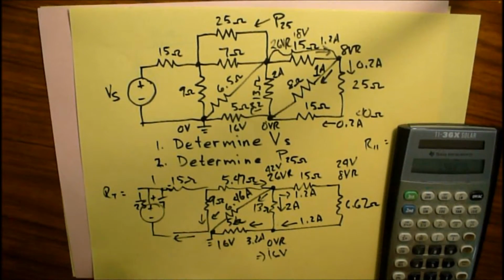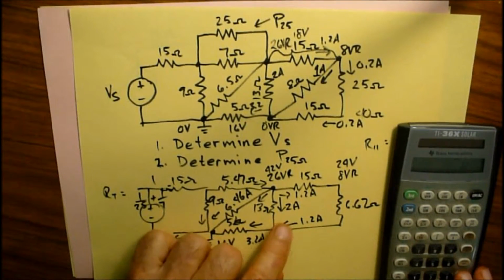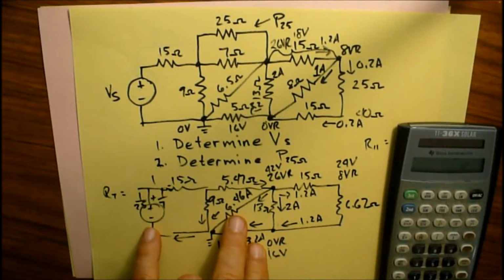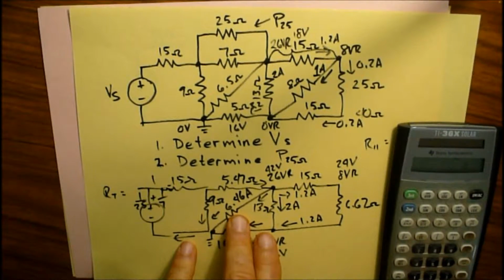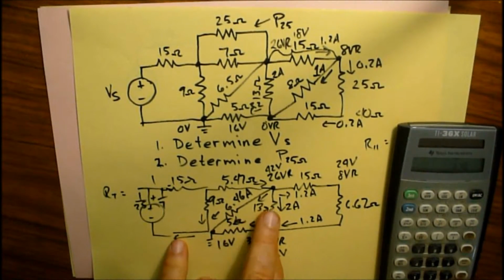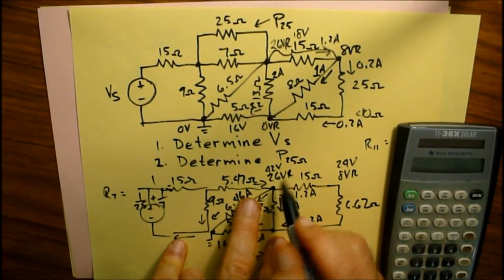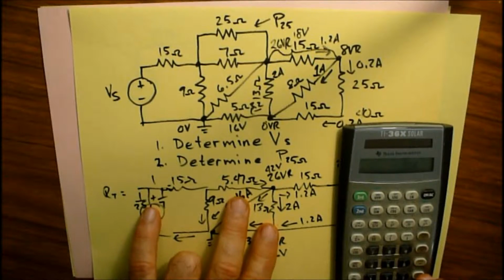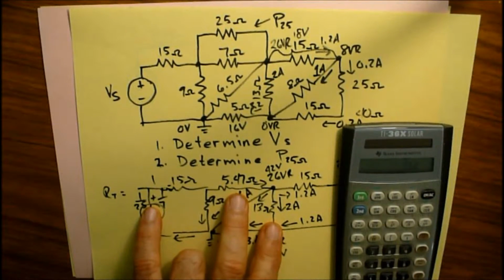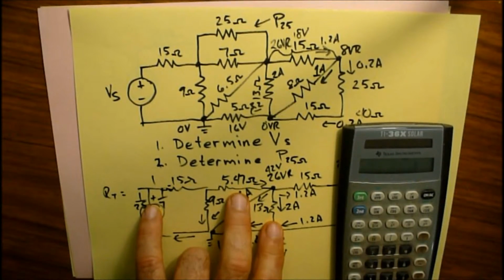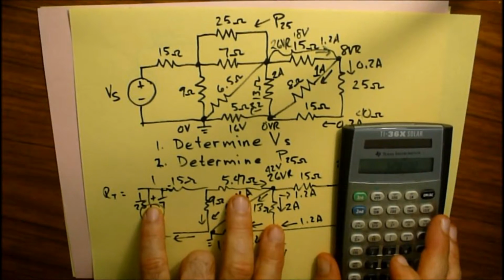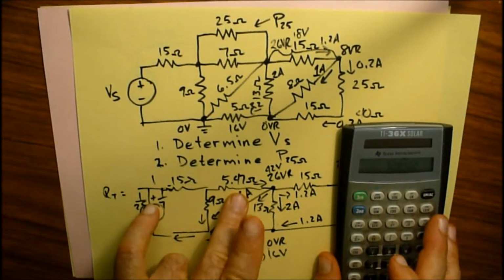So let's see, I've got 1.2 plus 2 amps plus 6.46 amps all going out of this node right here. Those add up to 9.66 amperes. So 9.66 times 5.47 is 52.8 volts going across here.